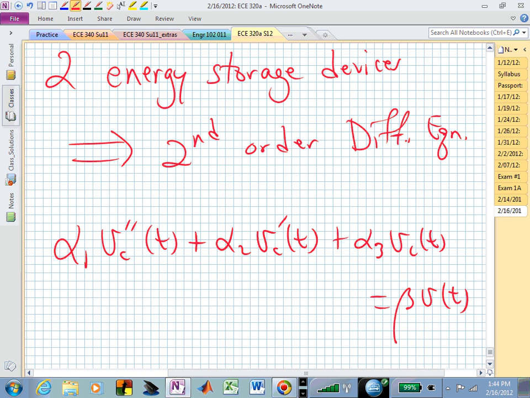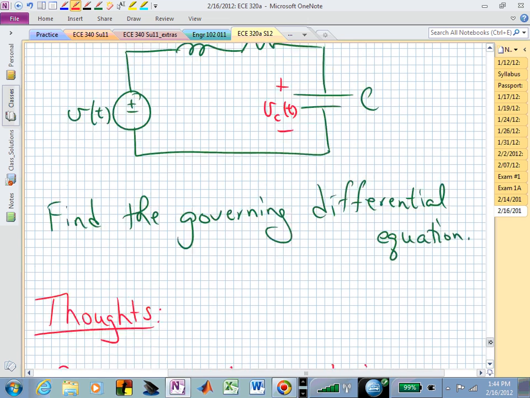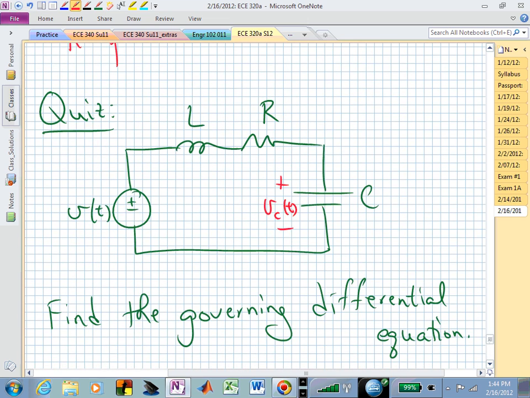Now, how do we get there? What we are going to do is we will initially solve this in the time domain. Find the governing differential equations, because we now know, based on today's lecture, how to convert those differential equations into the frequency domain and inverse Laplace transform and obtain the answer.